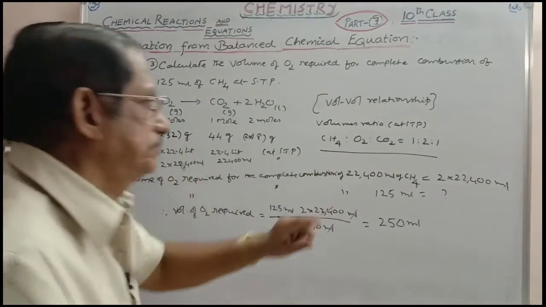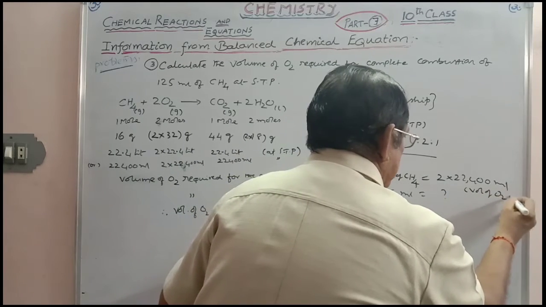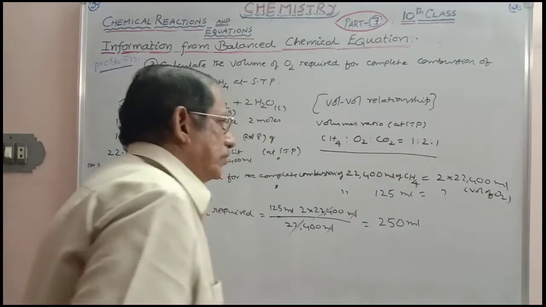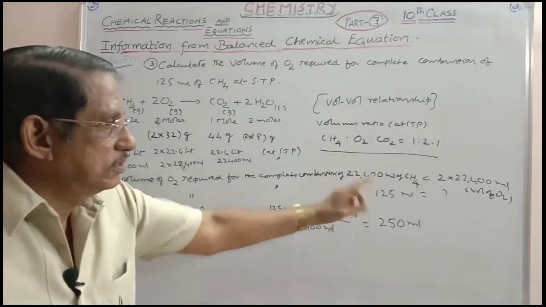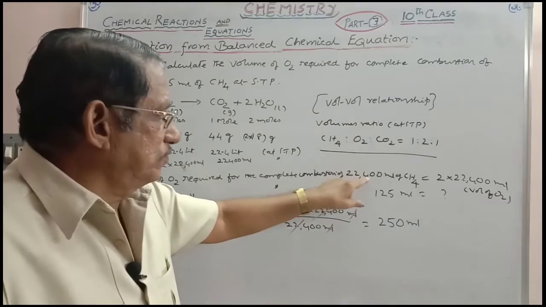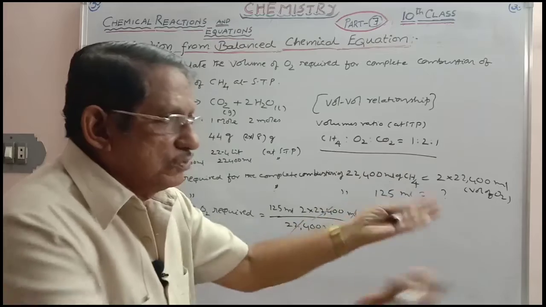This is the volume of oxygen. How much volume are we taking here? Methane, 125 ml. For the combustion of 22,400 ml of methane, twice the volume is required. For 125 ml, twice the volume, 250 ml.